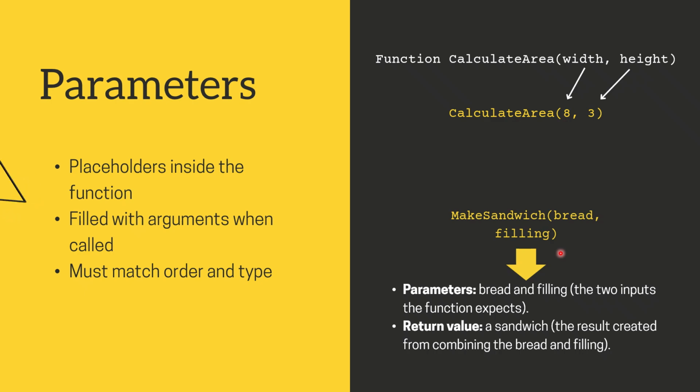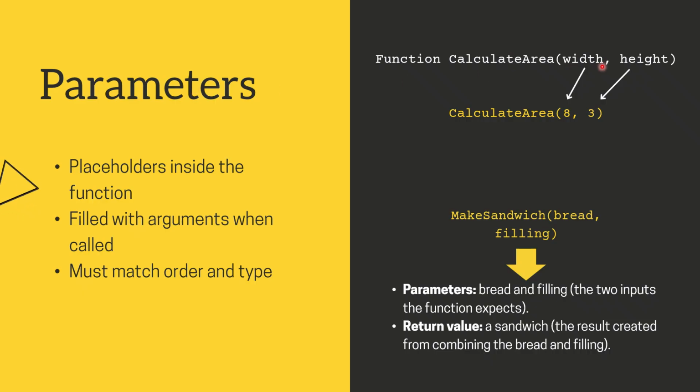Think of it like an input output recipe. It's going to return a sandwich. It's going to combine the bread and the filling, whatever the processing is for making the sandwich, and then return that sandwich. So again, we have parameters, we feed those parameters arguments, and then it's going to return some kind of value.